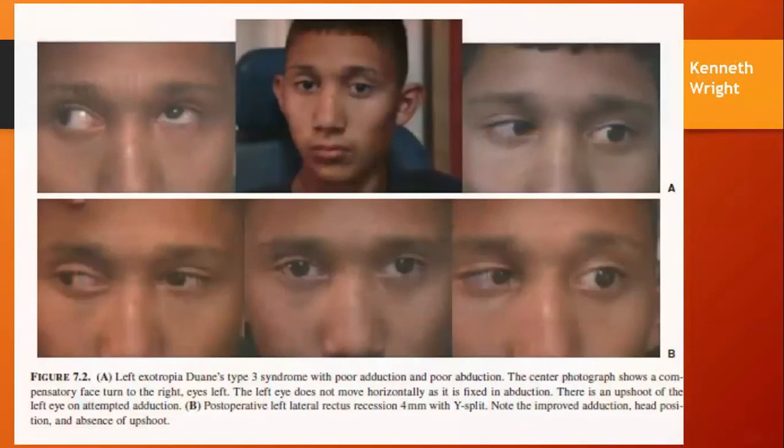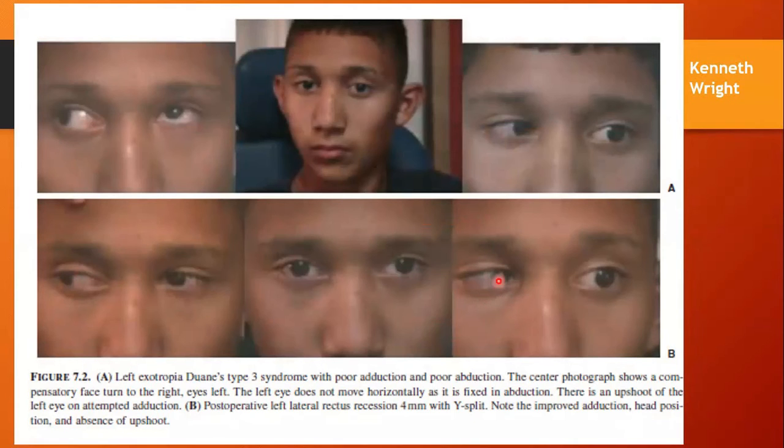Dr. Ghada, I had one doubt in the previous case. On levoversion, if we are seeing limitation of abduction in the left eye, is there limitation of adduction in the right eye also? Sometimes you can't judge on the photos, because if you see here, there is also narrowing.